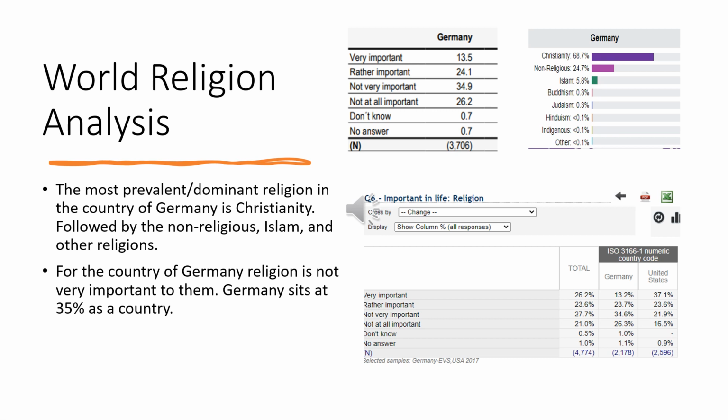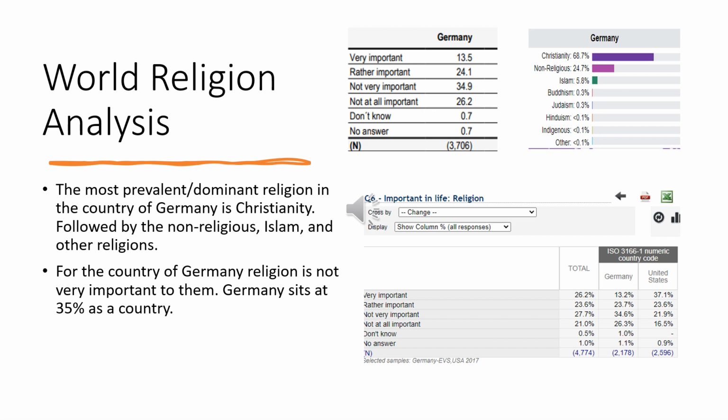I presented some graphs to the side here that you can look at, and as you can see, Christianity ranks at 68.7%, while non-religious comes in at 25%, Islam at 6%, and the rest all fall at 1% or below. So Christianity is the dominant religion for the Germans.